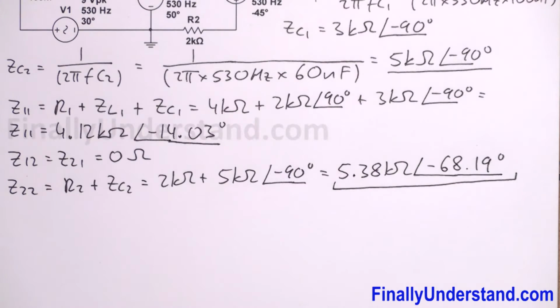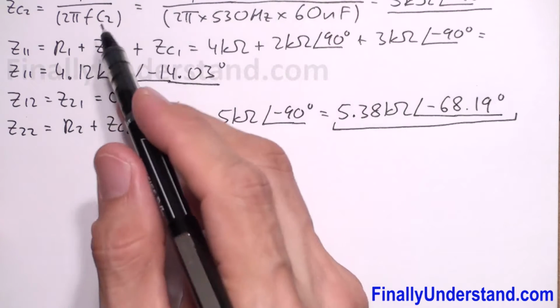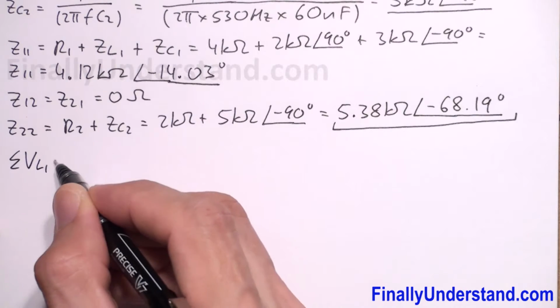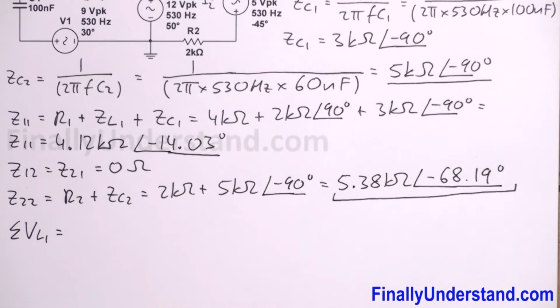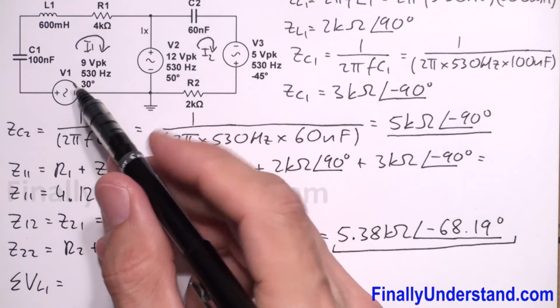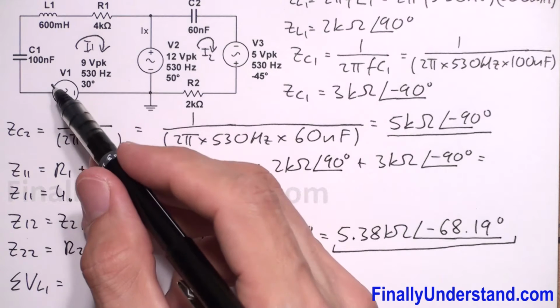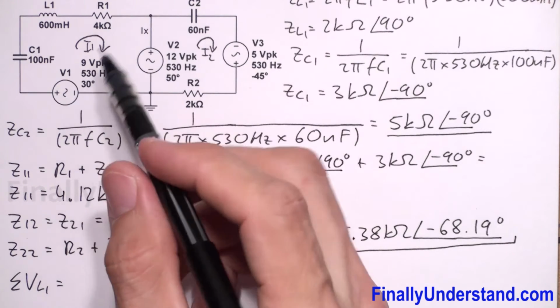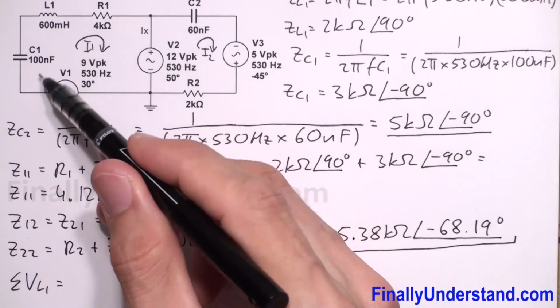Next, I'm supposed to find the sum of the voltages in loop 1. Please notice that I have a positive sign of V1 on the left side. So theoretically, this voltage source is going to push the current from the positive terminal to negative.